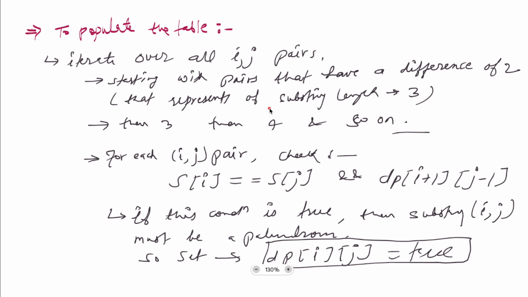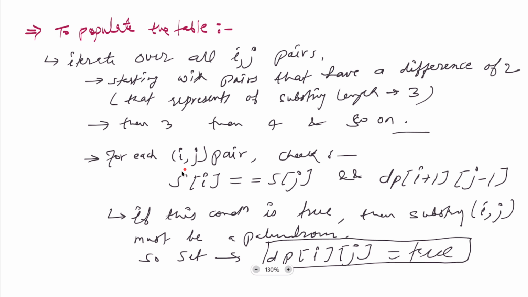Now understand, we have to populate the table. So we need to iterate over all I and J pairs, with a difference of 2, which represents length 3, then 4 and so on.